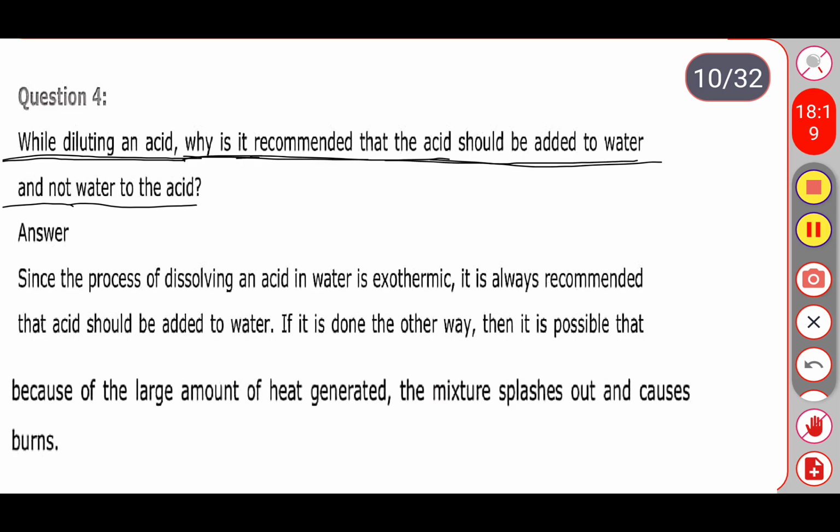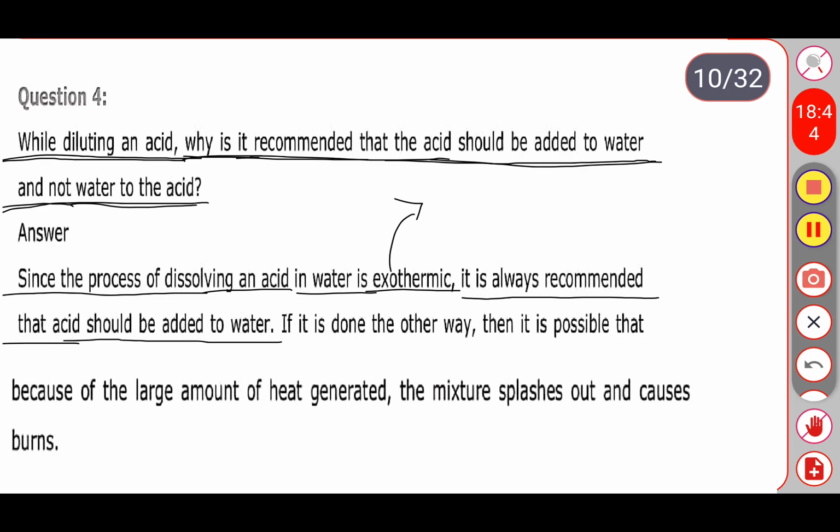Since the process of dissolving an acid in water is exothermic, meaning it releases heat, it is always recommended that acid should be added to water. If it is done the other way, then because of the large amount of heat generated, the mixture may splash out and cause burns.